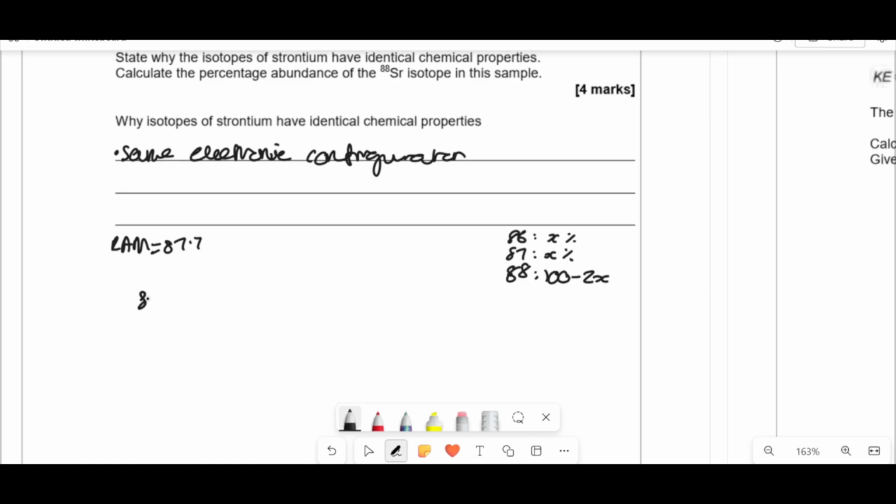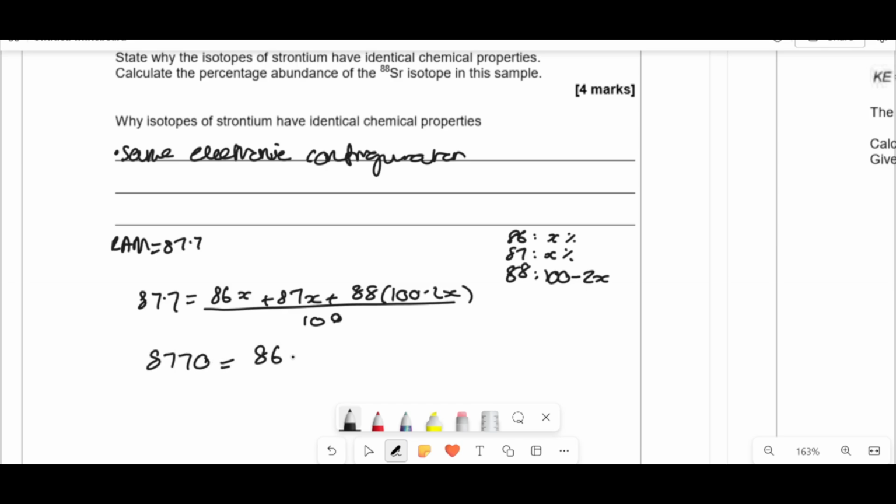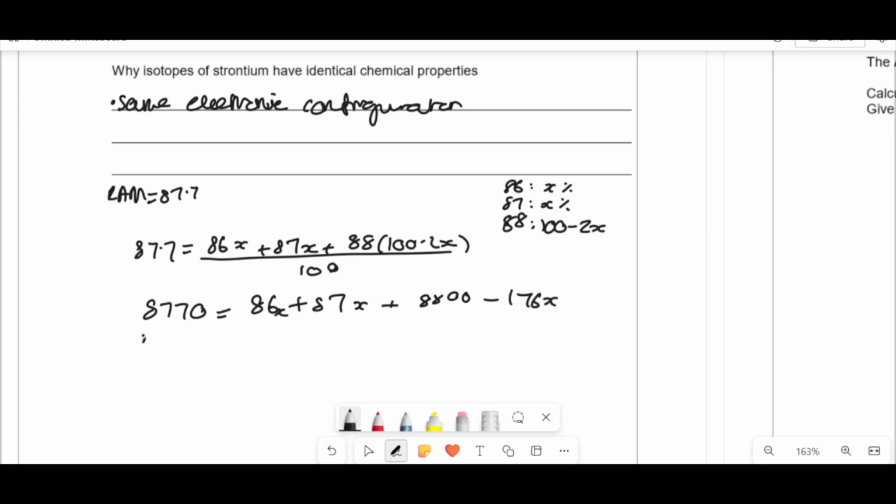So then I can write 87.7 equals 86x plus 87x plus 88 times (100 minus 2x), over 100. Then if I rearrange this, I'll get 8770 equals 86x plus 87x plus 8800 minus 176x. If I tidy this up, I will get 8770 equals 8800 minus 3x.